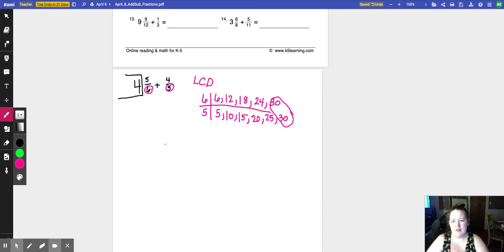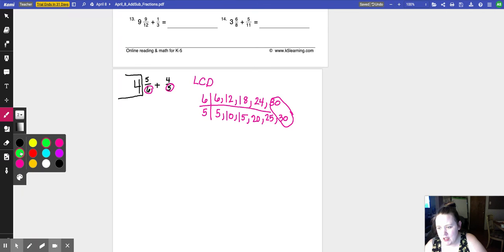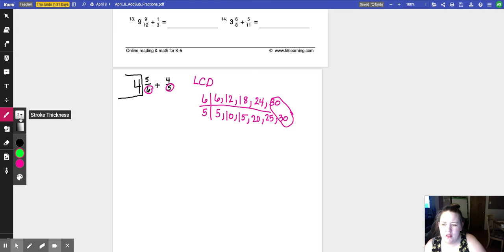So that means I'm going to switch this 6 and 5 to 30. So let me go ahead and mark, hold on guys, mark that out really quickly. So that's going to change to 30. That's going to change to 30. Now remember, whatever I do on the bottom, I also do to the top.